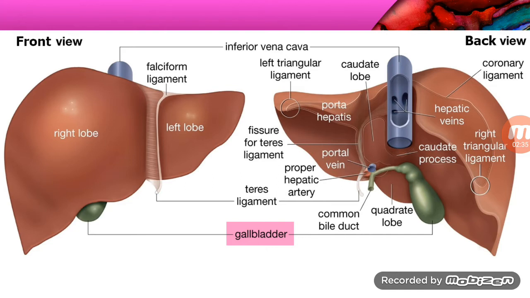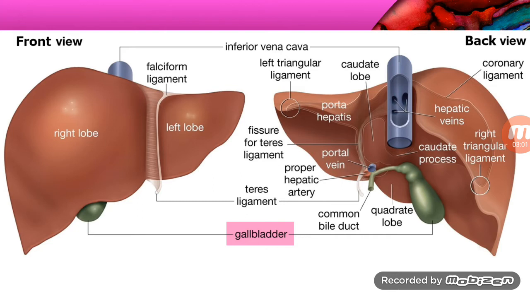Okay, and then if you see the back view, you will be able to see the inferior vena cava. Inside the inferior vena cava, you will be able to see the hepatic veins, and then you can see the gallbladder beneath the liver, that green color, and then the bile duct, common bile duct. The bile duct is a tube like structure which is connected to the liver as well as the gallbladder.